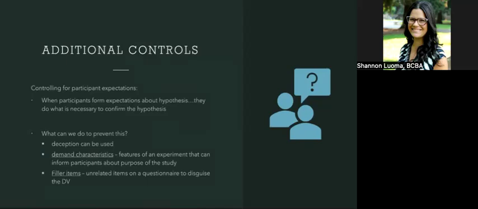And if every single one of our items on a survey only related to extroversion and introversion, our participants probably pretty quickly are going to realize that we're comparing those two things. And they might change their answers depending on how they want to be perceived. So if they don't want to be perceived as an extrovert or they don't want to be perceived as an introvert, they might change their answers, not because that's how they would actually behave, but simply because they are trying to emulate a behavior that they want the researcher to see, which is a problem.